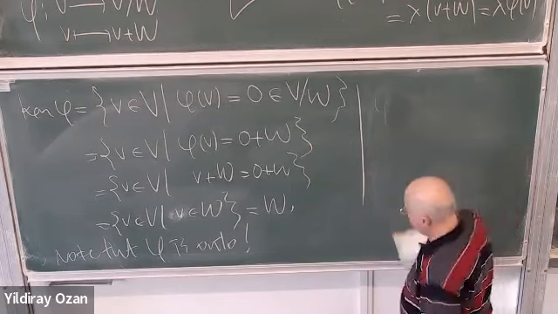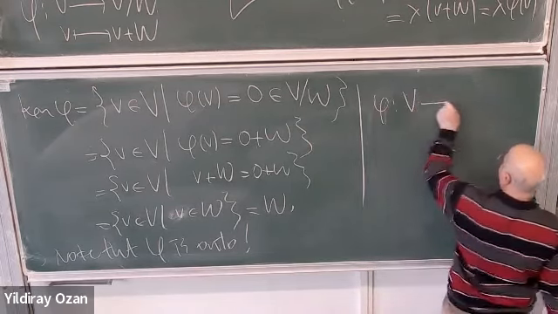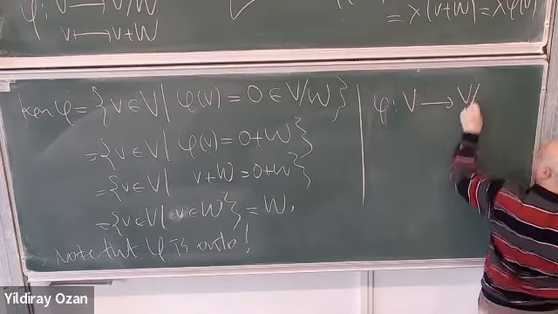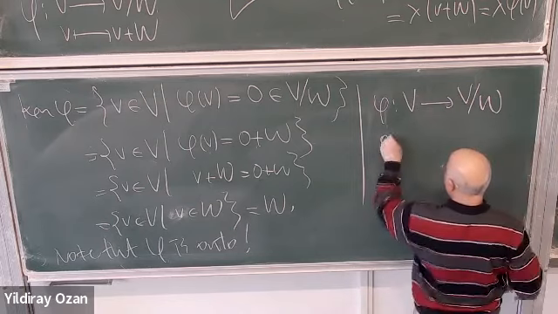So what we see is the following: we have this homomorphism, and it is onto.